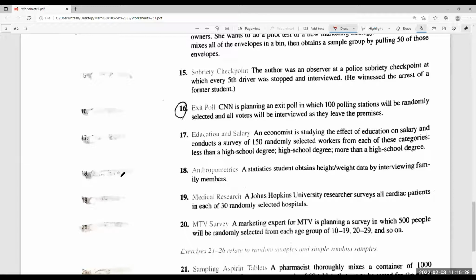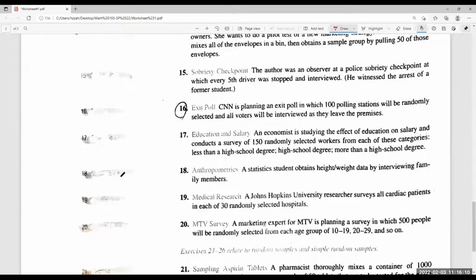An economist is studying the effect of education on salary and conducts a survey of 150 randomly selected workers from each of these categories: less than the highest school degree, highest school degree, more than the highest school degree.